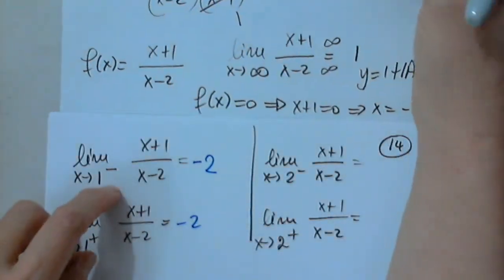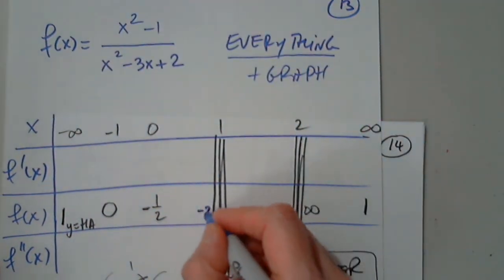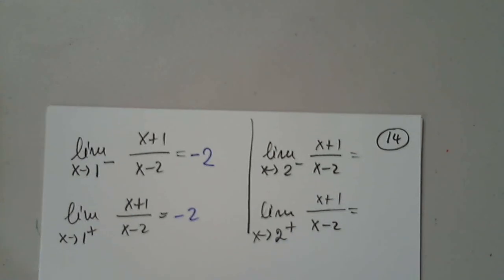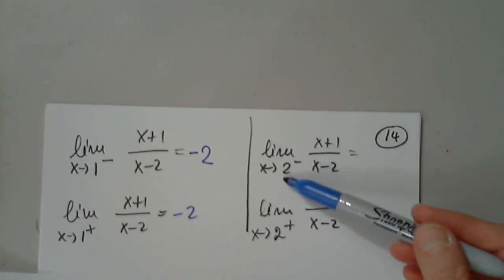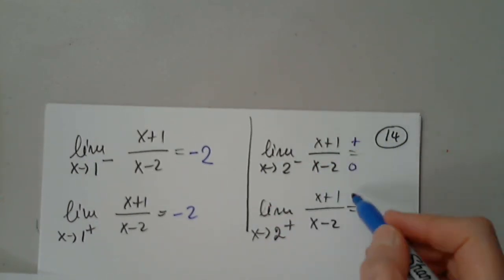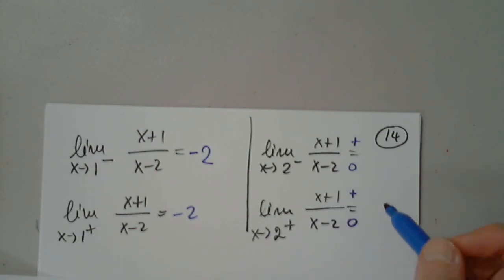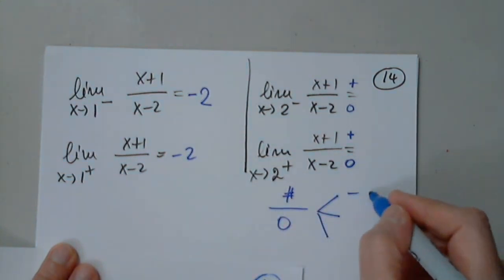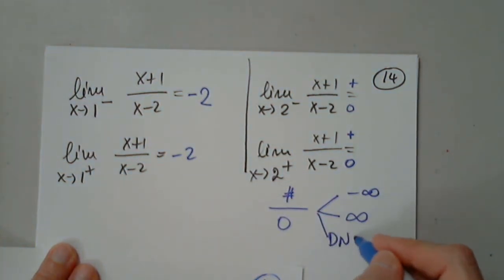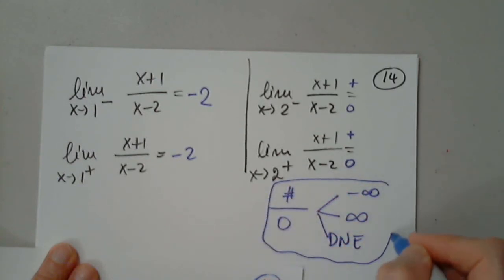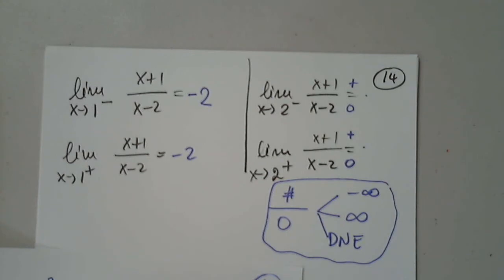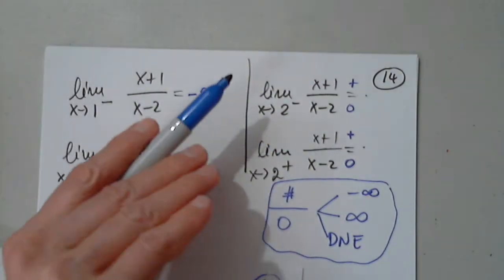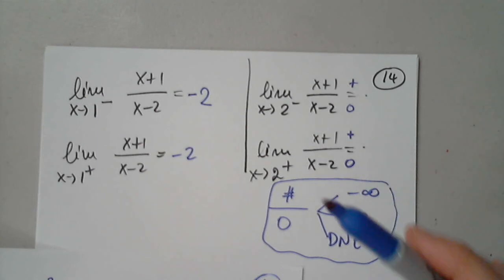I found something. Good. So now, the numerator is positive and the denominator is 0. Remember, a number over 0 is negative infinity, positive infinity, or DNE. So what do I write? 2 from the left is 1.9. 2 from the right is 2.1.